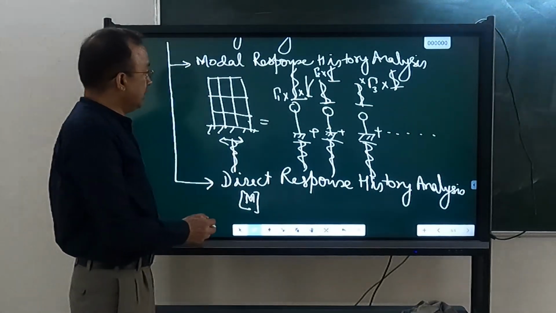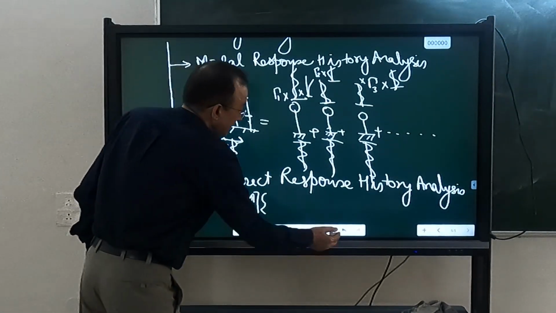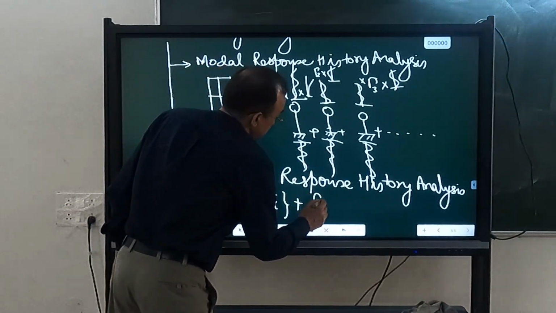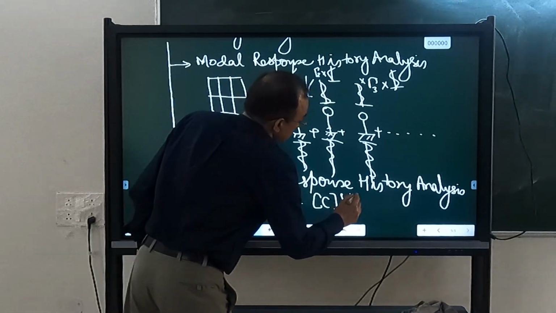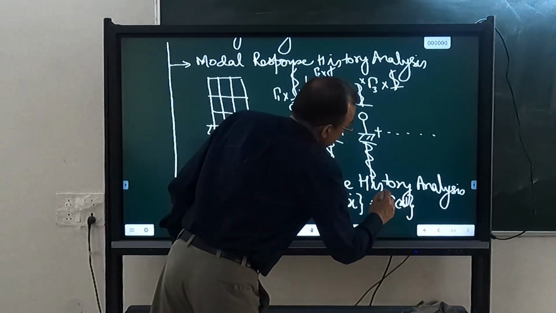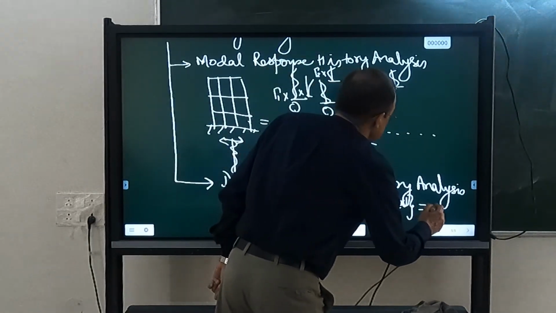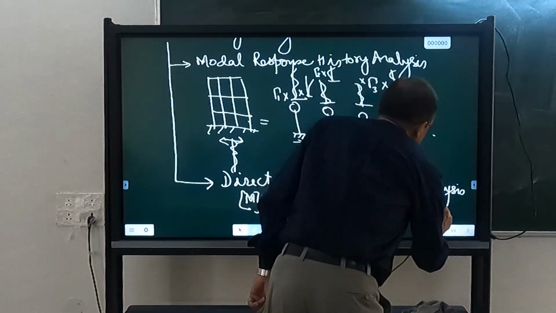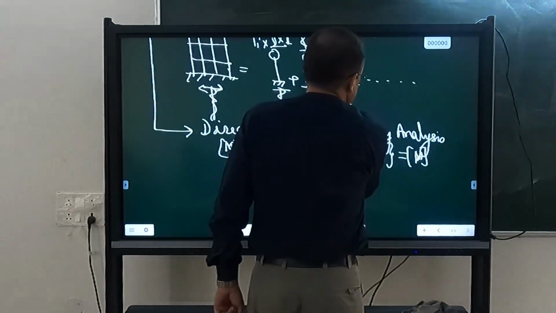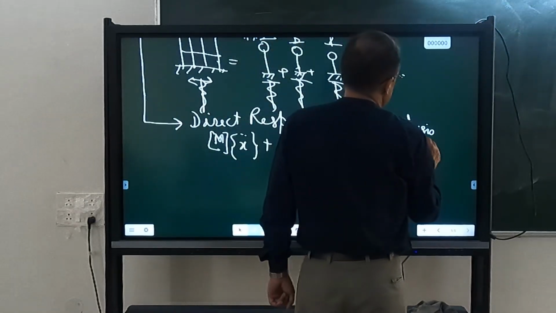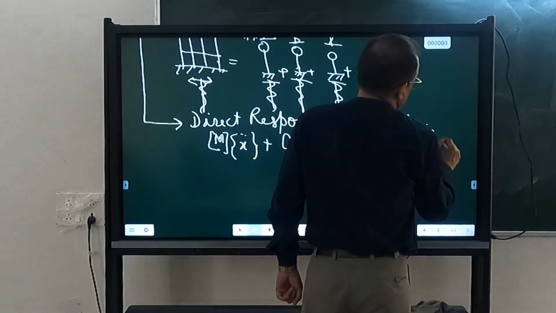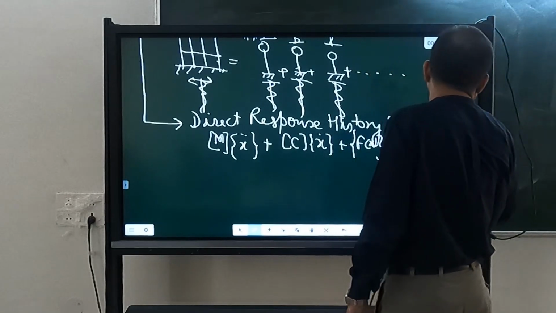Here all of this will be matrices, equal to the influence vector times the ground acceleration.